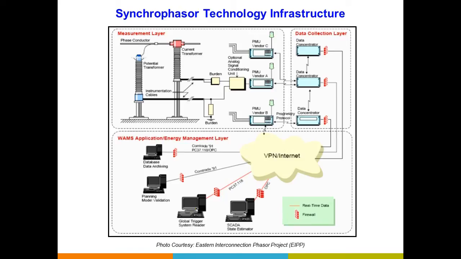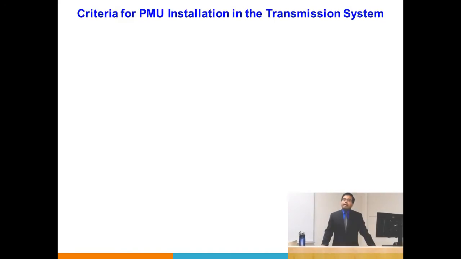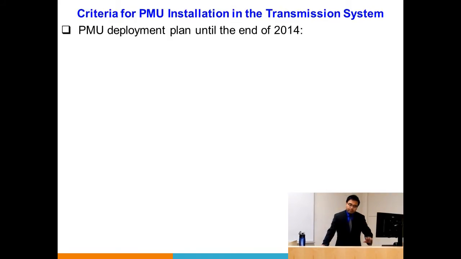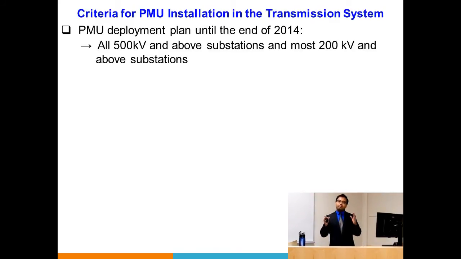Now let's look into one of the important topics in this module, which is the criteria for PMU installation in the transmission system. So the PMU installation actually has been separated into different plans. So the first plan is till 2014, and that says that all the 500 kV buses or substations, or the substations mostly which are above 200 kV, most of those substations should have PMUs installed in them.